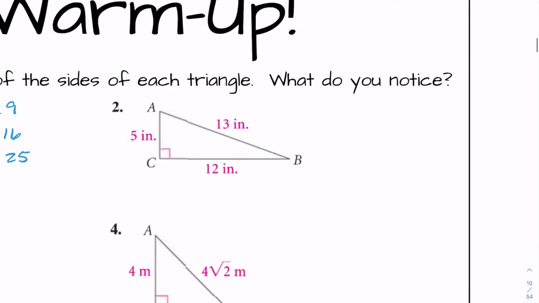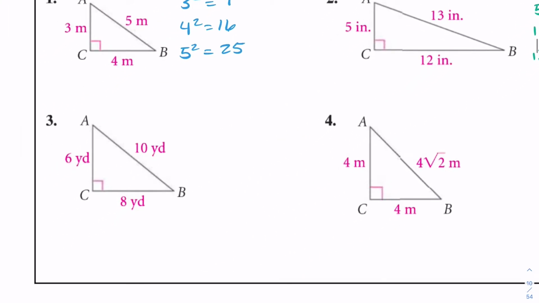For this one, we have 5 squared is 25, 12 squared is 144, and 13 squared is 169. For this problem, 6 squared, 8 squared, and 10 squared, which is 36, 64, and 100.